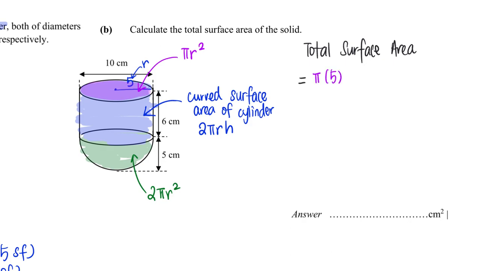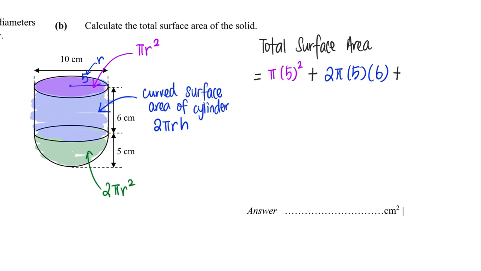Pi, radius is 5, r square. We also need the middle portion, the blue color portion. 2 pi r is 5, height is 6. As well as the green color portion, 2 pi 5 square.